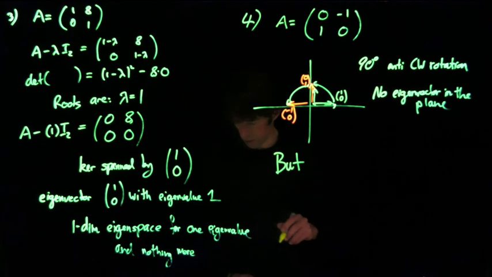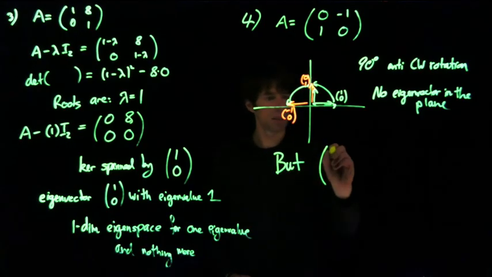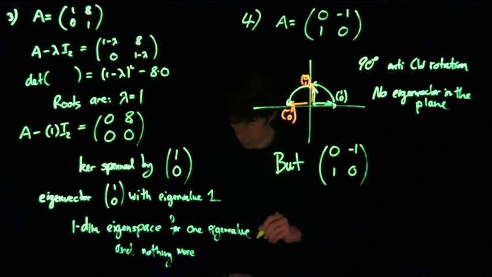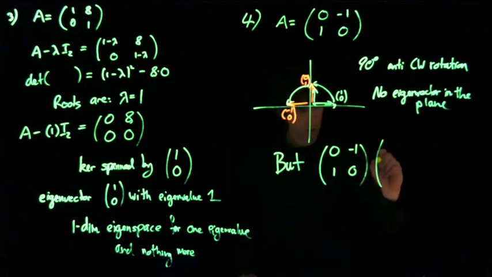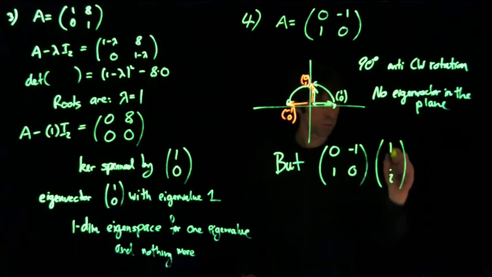But let's look at what happens when I use complex numbers now. So let's consider 0, 1, minus 1, 0, and I'm going to multiply this by the following vector, 1 and i.